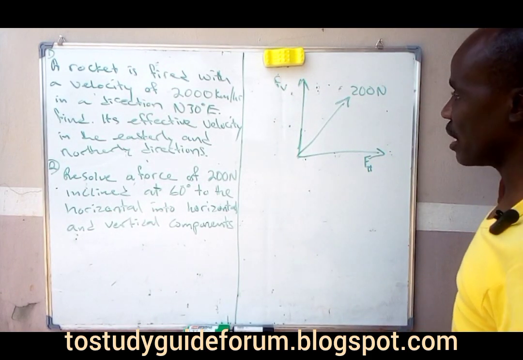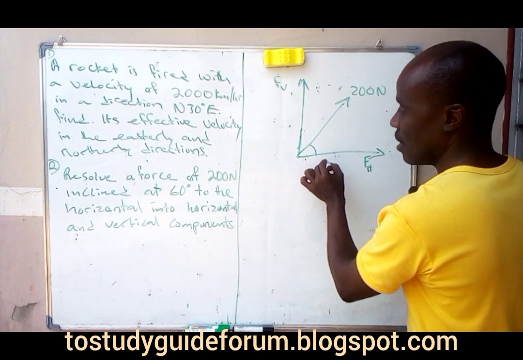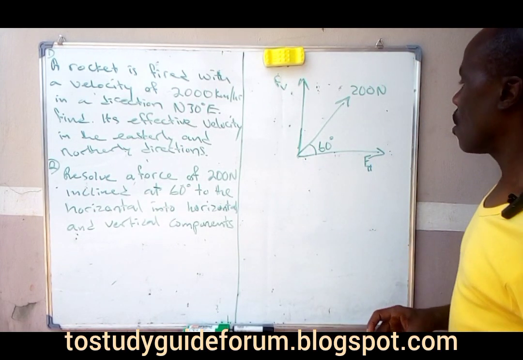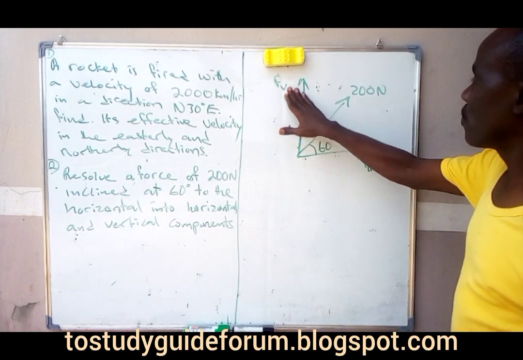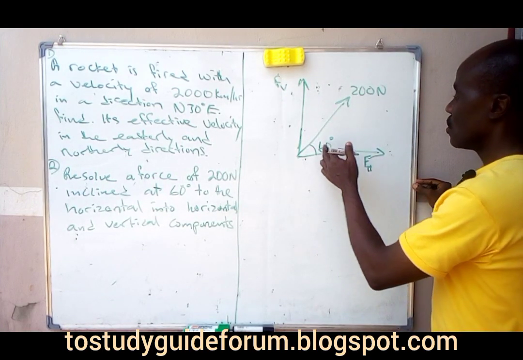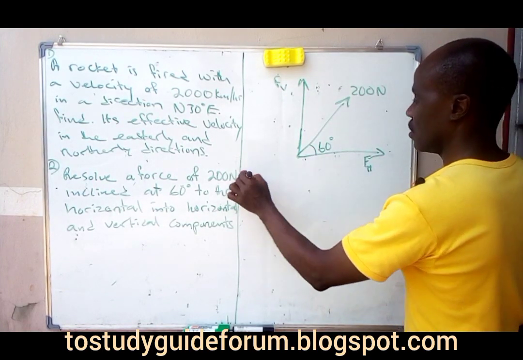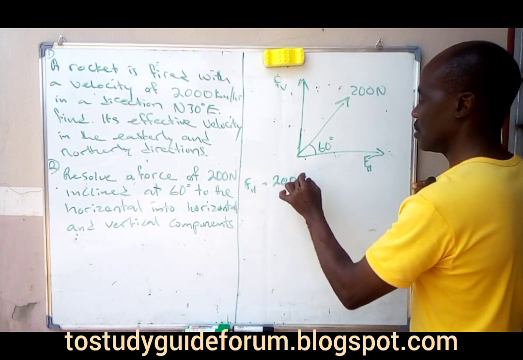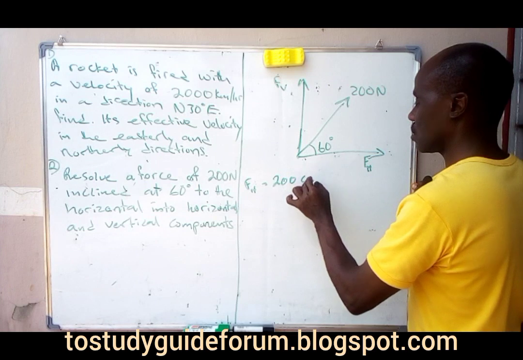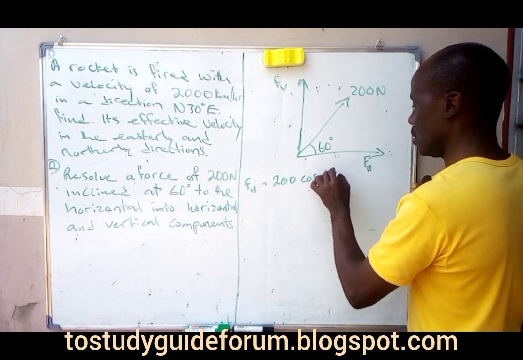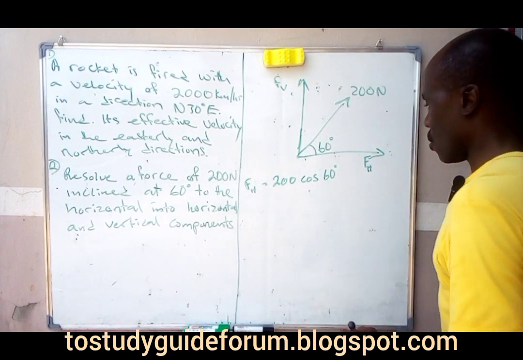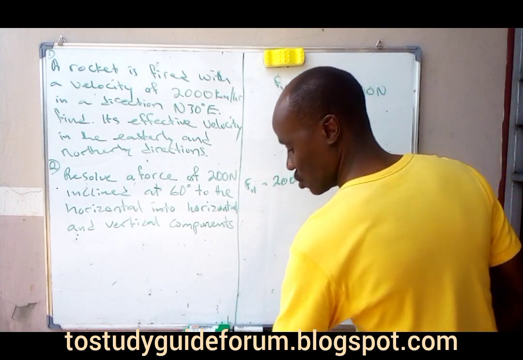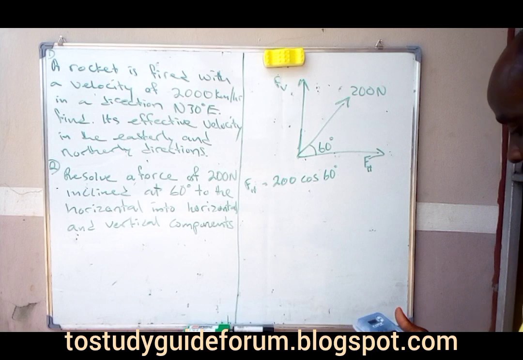What we're doing here is, it is inclined to the horizontal at 60 degree. Always remember to put this down. To resolve it, the horizontal component of this force FH will be 200 cos 60 degree.